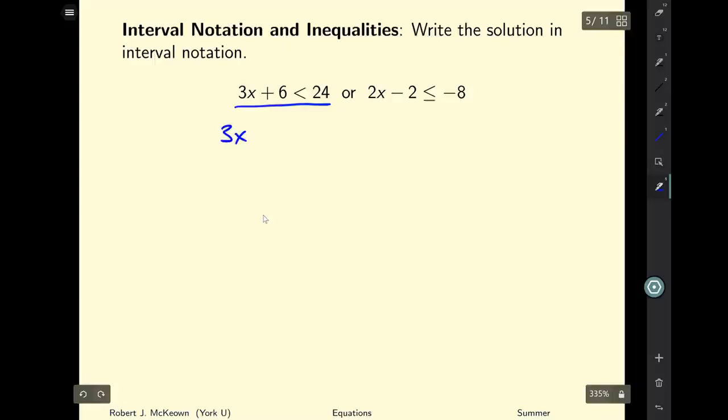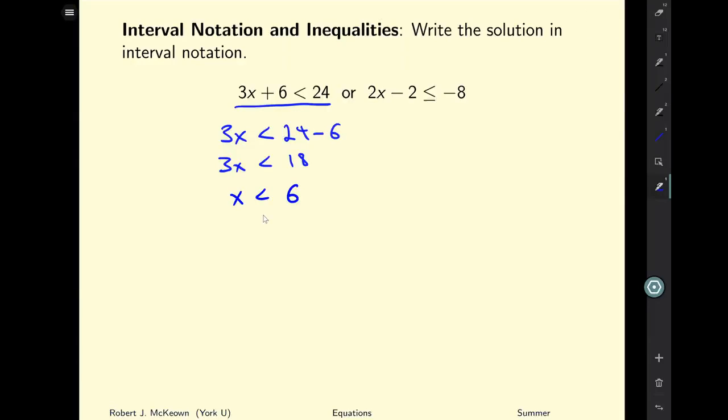I'll subtract 6 off both sides of the inequality. So we have x must be less than 6.